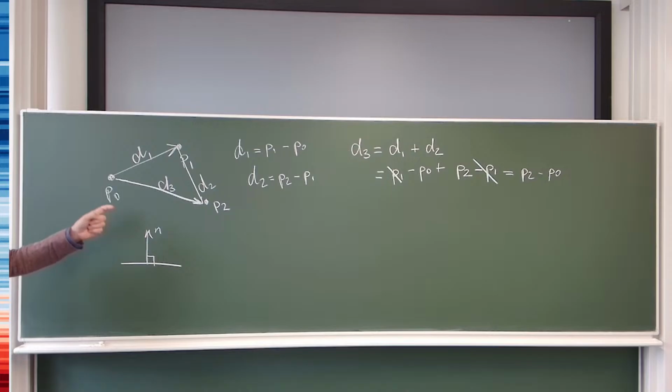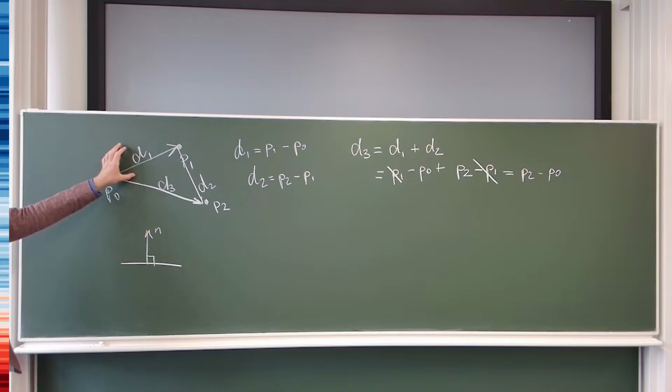And whatever I do to this normal, it has to stay orthogonal to the surface. And so maybe I need some sort of different math that applies to this vector than I would have to apply to vectors in general, or directions. And we will see this difference when we're talking about transformations.